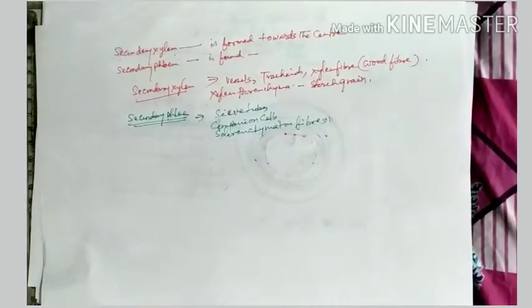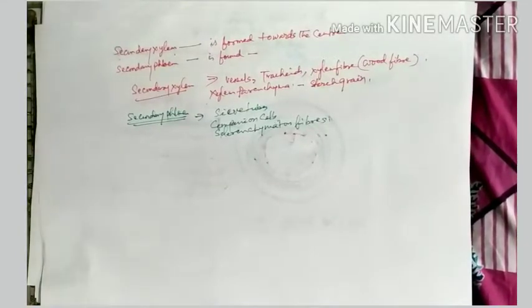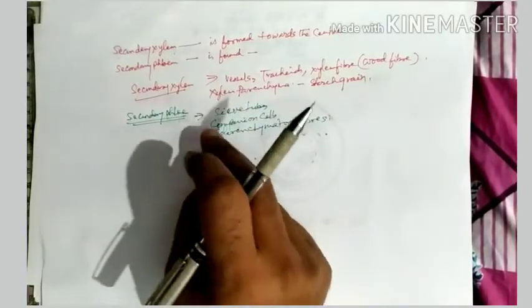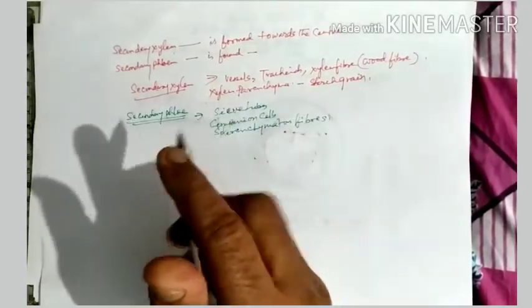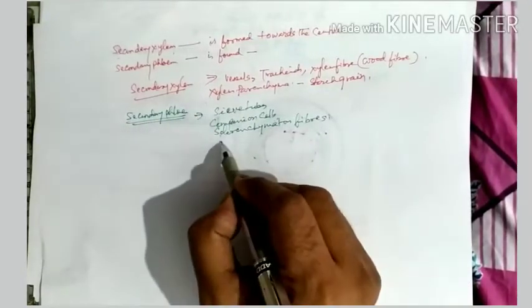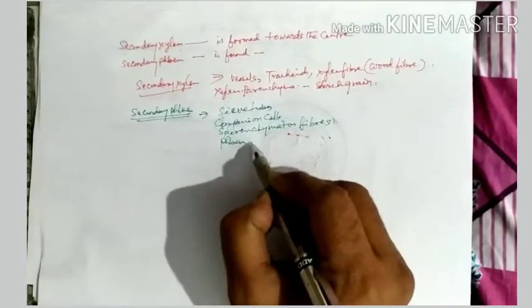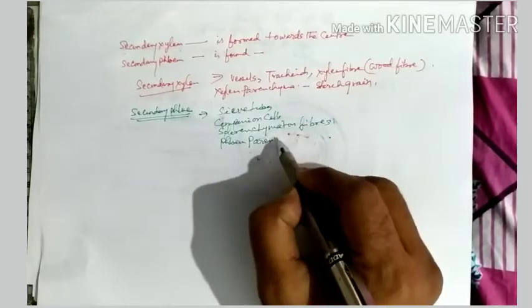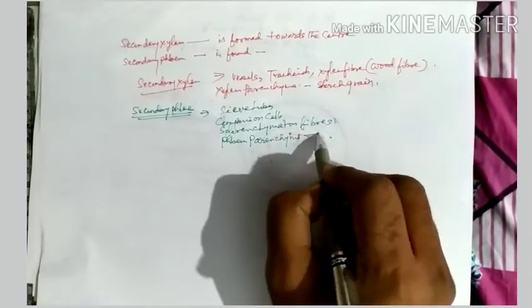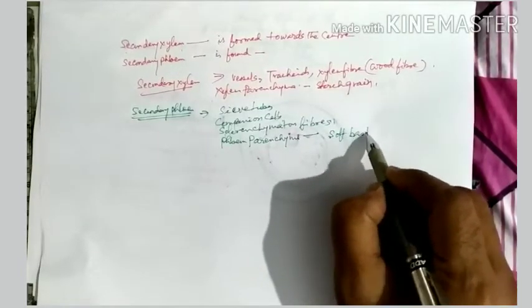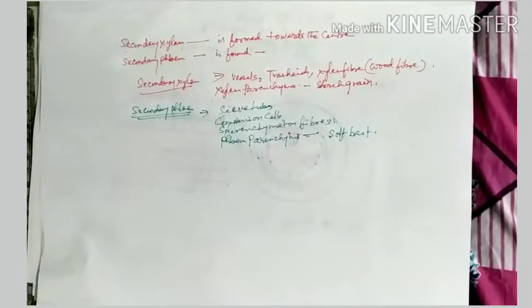These are the elements of phloem, as we have read when we studied the tissue system. And there is the phloem parenchyma, which is known as soft bast also.